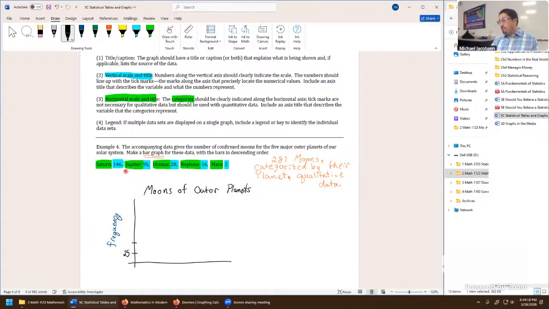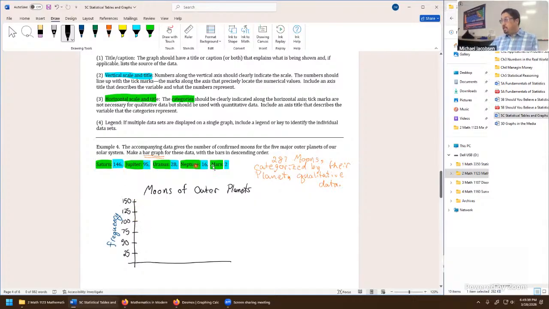We're going from 25, 50, 75, 100, 125 to 150. So try to do the best as you can to try to make an equal spacing between every one of those tick marks.